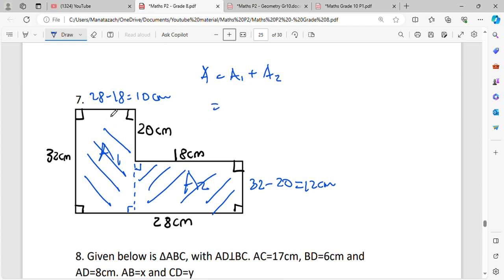So area 1 is 10 times 32. Then area 2 is 18 times 12.